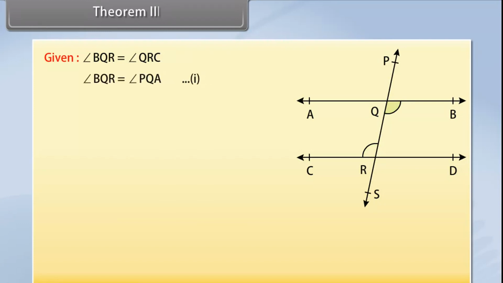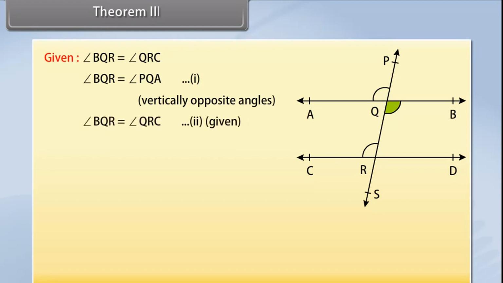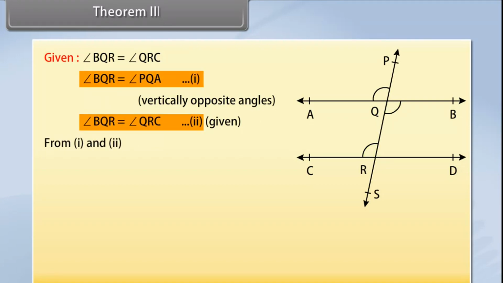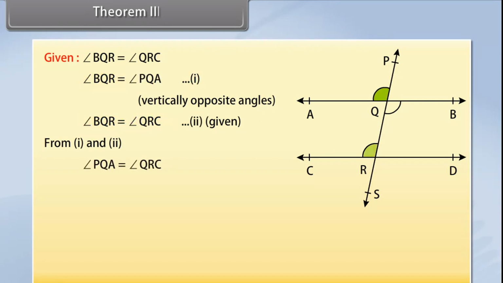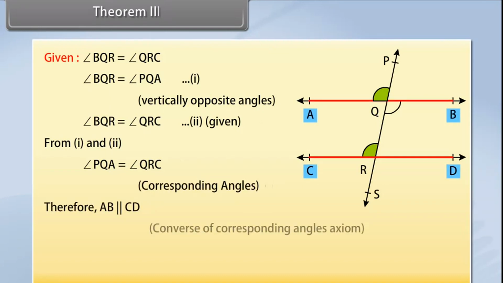Also, angle BQR is equal to angle PQA because these are vertically opposite angles. Mark it as 1. But angle BQR is equal to angle QRC, given. Mark it as 2. So from 1 and 2, we may conclude that angle PQA is equal to angle QRC. But they are corresponding angles. So AB is parallel to CD, by the converse of the corresponding angles axiom.